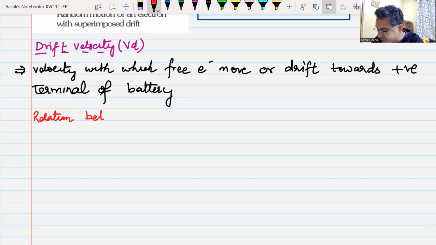Relation between Vd and I. What is the relation between Vd and I? We will not go into how we get this relation.